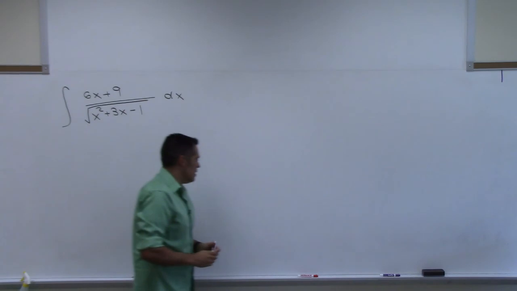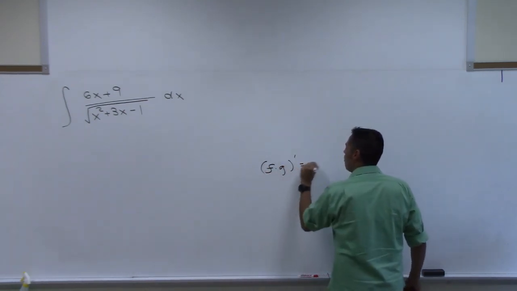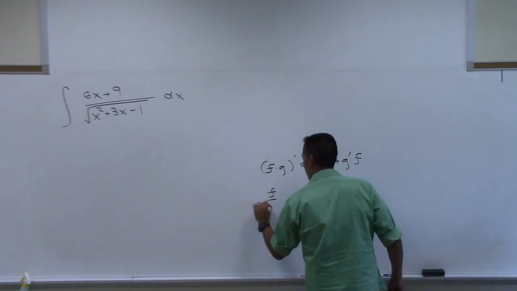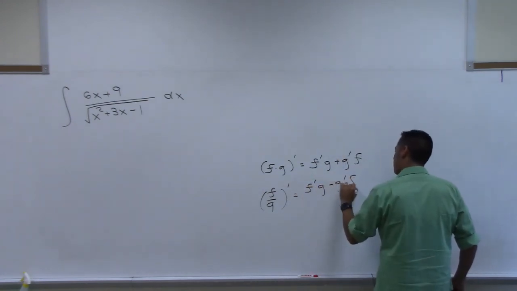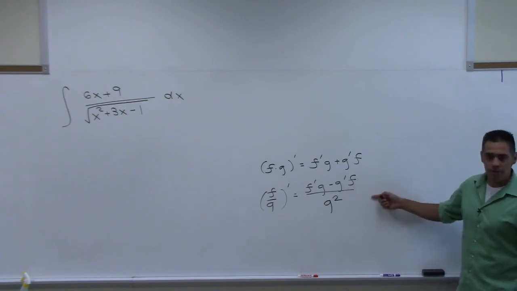Look, these two things right here from Cal 1, the product and the quotient rule.